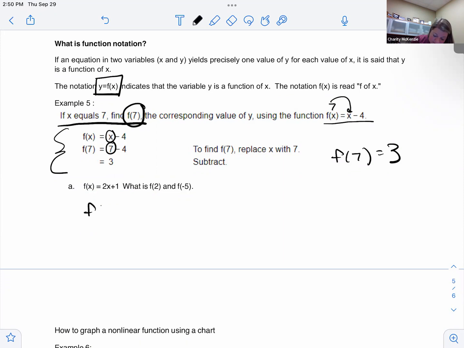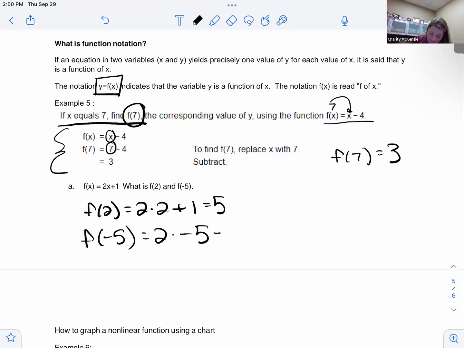So f of 2 would equal 2 times 2 plus 1. 2 times 2 is 4, 4 plus 1 is 5. So that's our answer there. To find f of -5, I would put that in: 2 times -5 plus 1. 2 times -5 is -10. -10 plus 1 is -9. So you're putting those in for x.